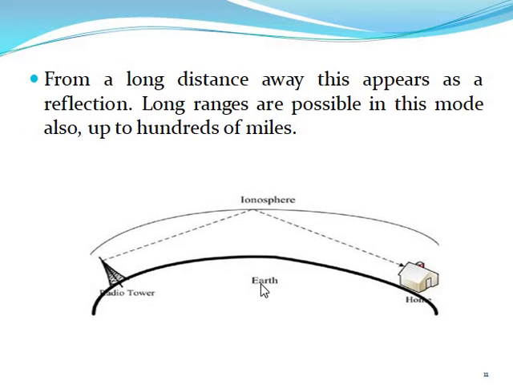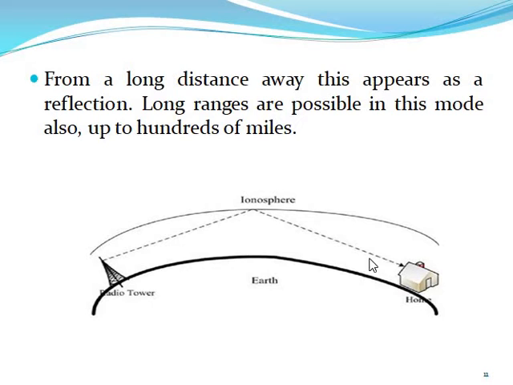So what is the use of the sky wave in the ionosphere? The signal goes up as a sky wave, and then we can directly reflect this signal back to a particular place on the earth.